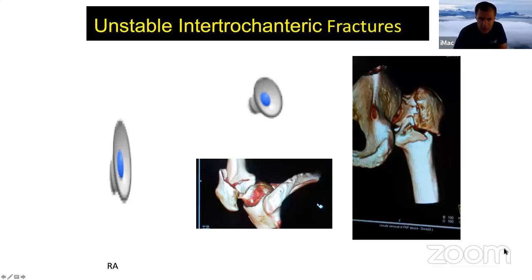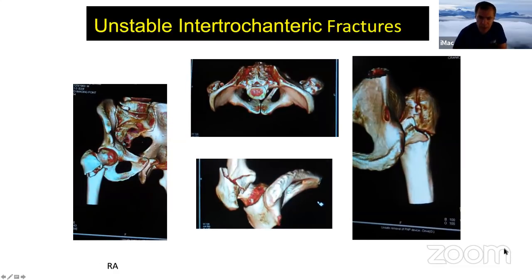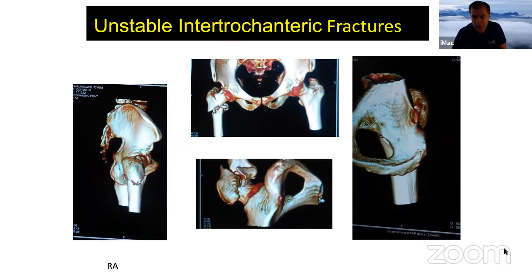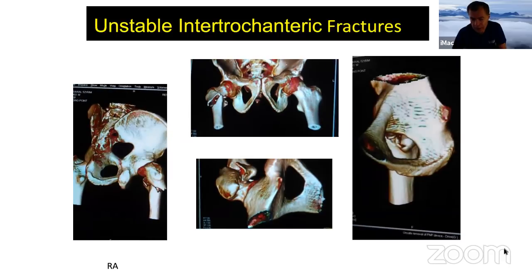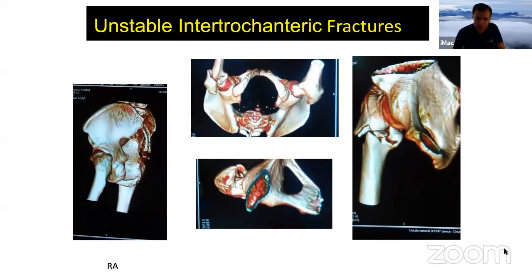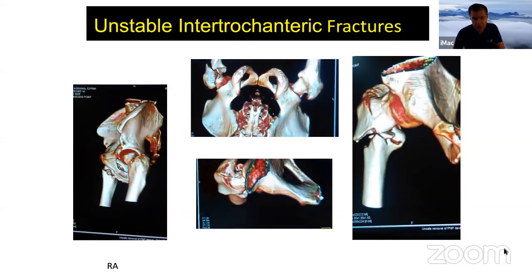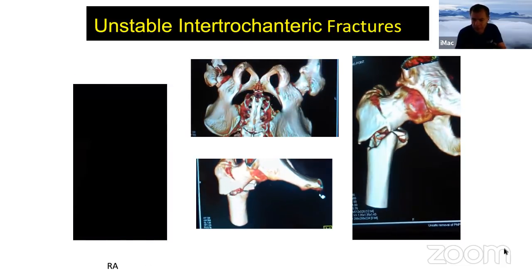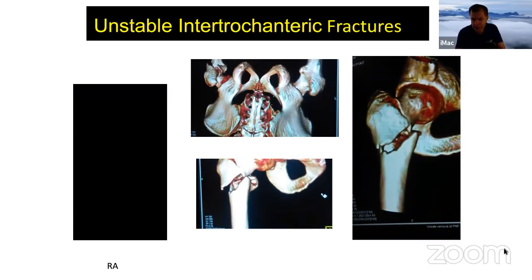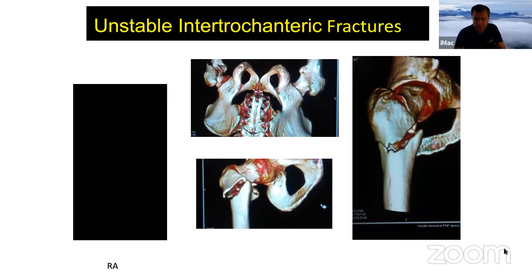And as the CT on the right shows, there's a very good reduction tool, the collinear clamp. I put the collinear clamp on, get the fracture reduced, and then it's a straightforward nail.